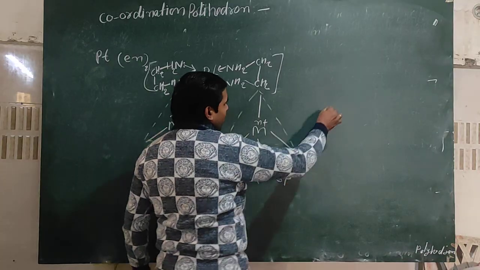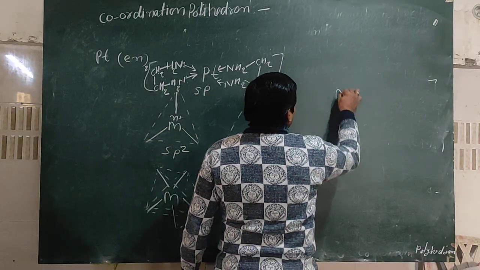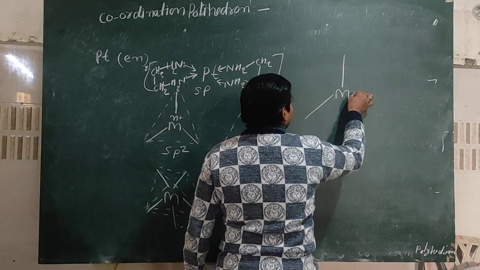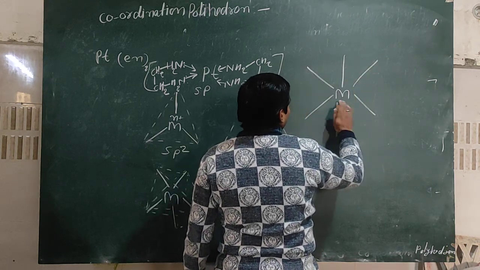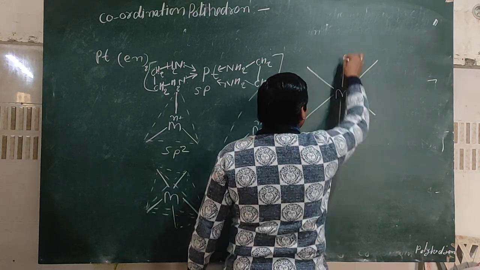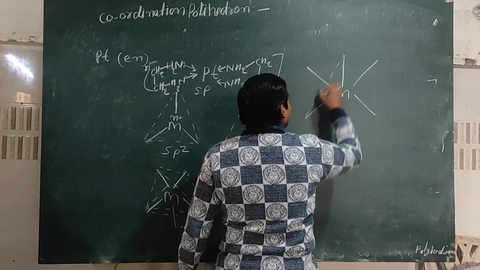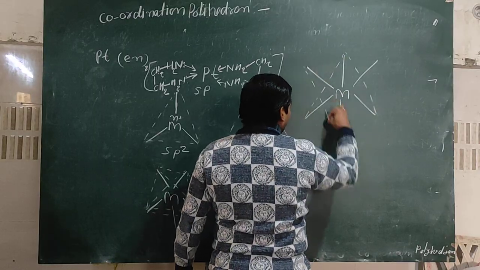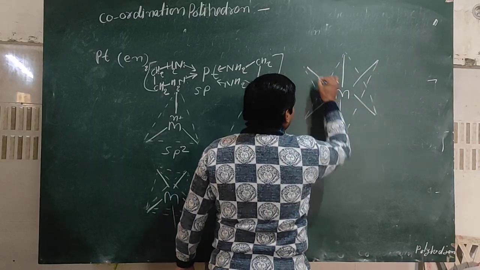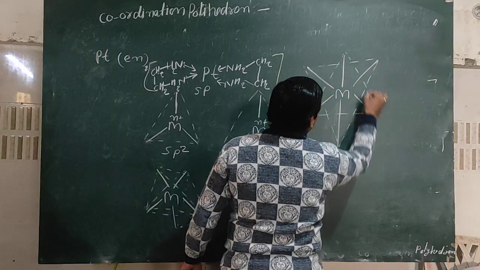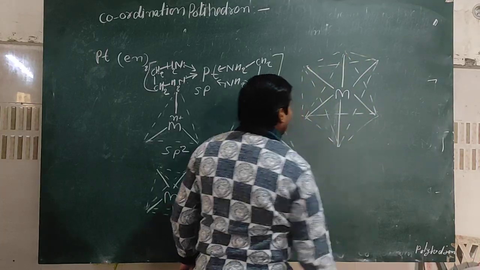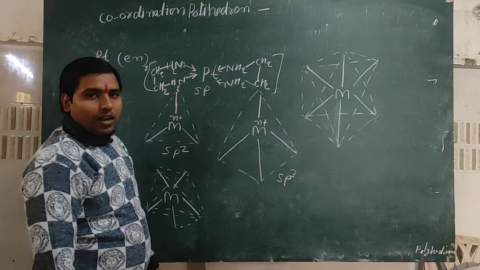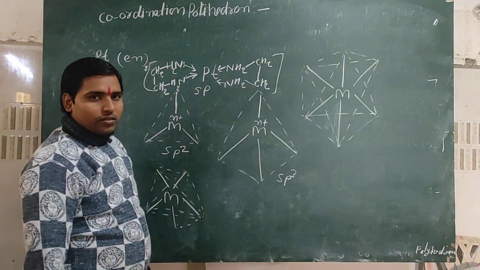In case of octahedral, when metal has this type of structure, it shows this type of representation in the complex and gives an idea about octahedral complexes along x, y and z axis.